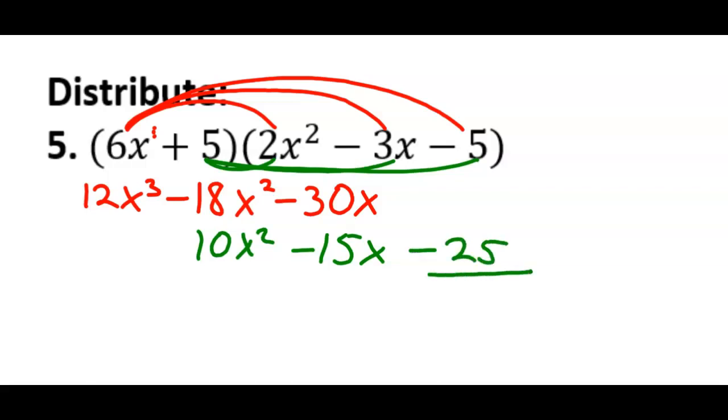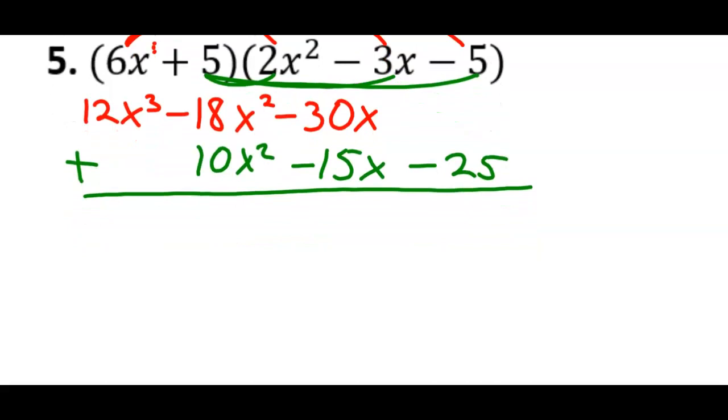So yesterday we learned that when we multiply, we only multiplied by one thing. We didn't do it twice. Today we did it twice. But we combine our like terms if we end up getting like terms. Okay? So, altogether, what am I going to get for an answer here? Nothing to add the 12x cubed to, so that just comes down. What am I going to get when I put those together?